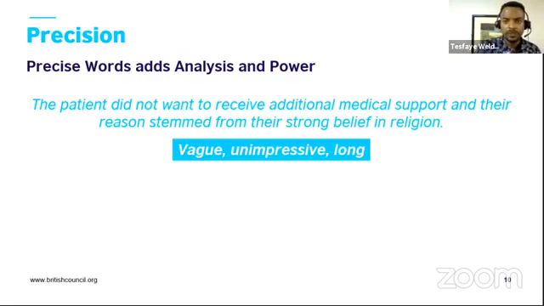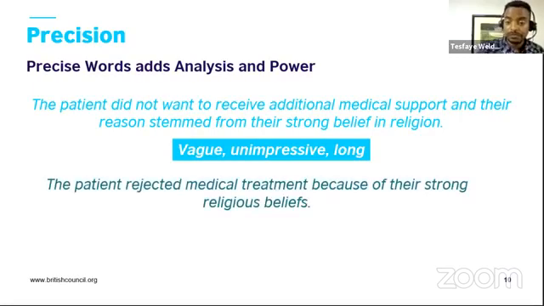So we have to keep it simple. We use the KISS principle: keep it simple. So make it simple like this: the patient rejected medical treatment because of their strong religious beliefs.